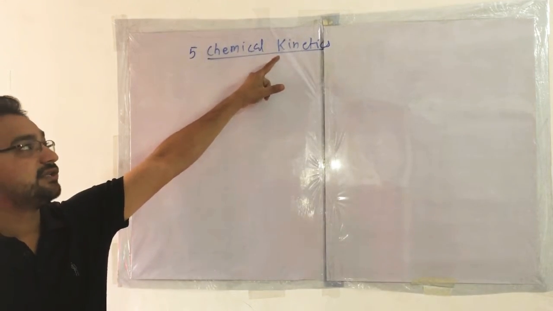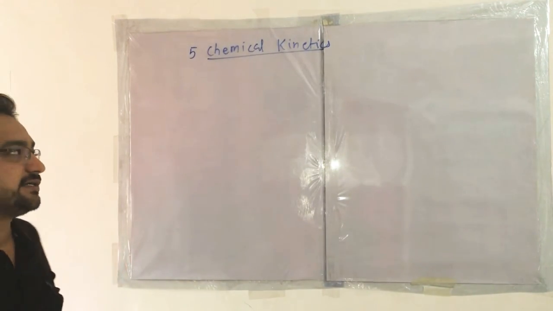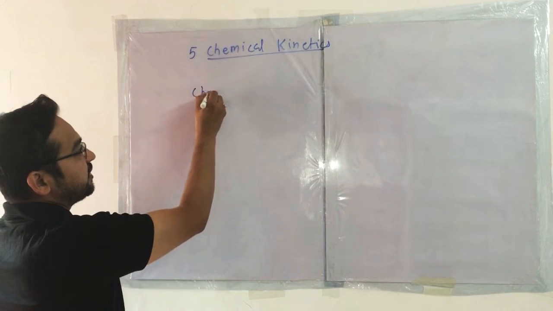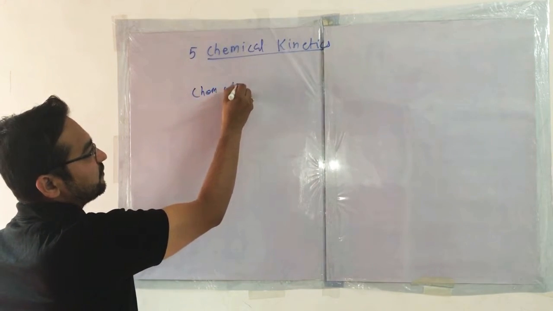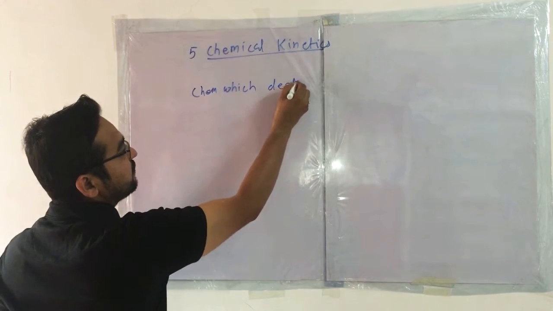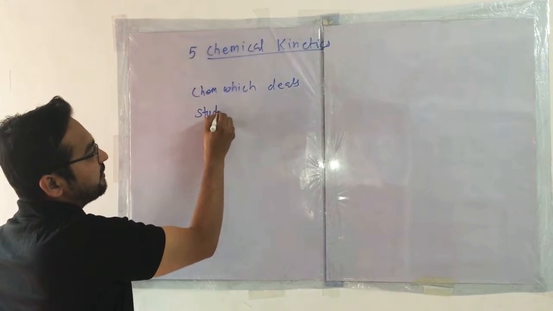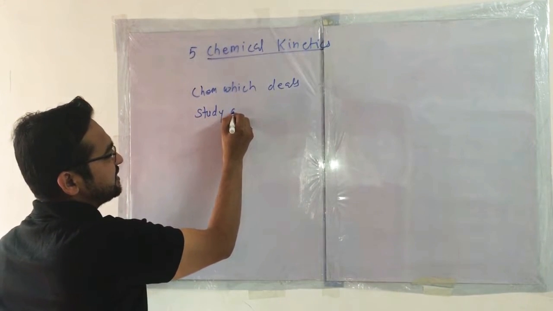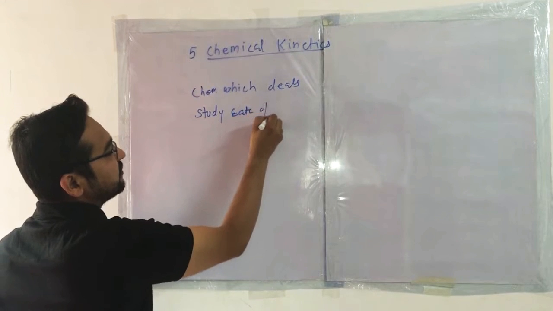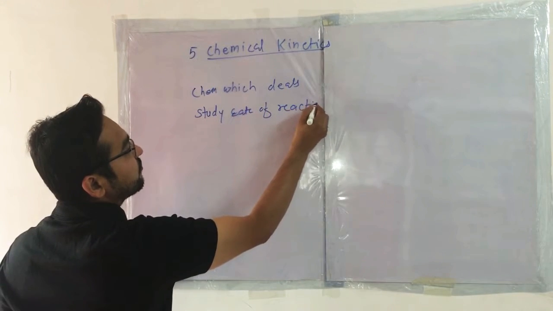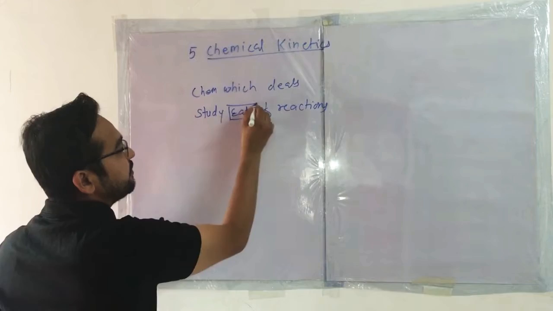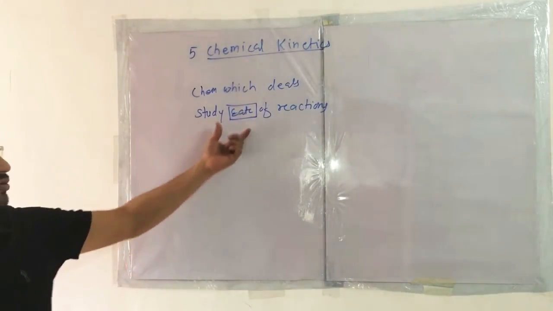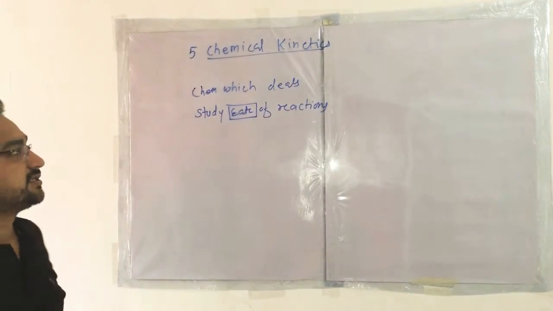So what do you understand by the word kinetics first of all? Kinetics is a branch of chemistry which deals with the study of chemical reactions, or you can say the study of the rate of reactions. The important word is rate.